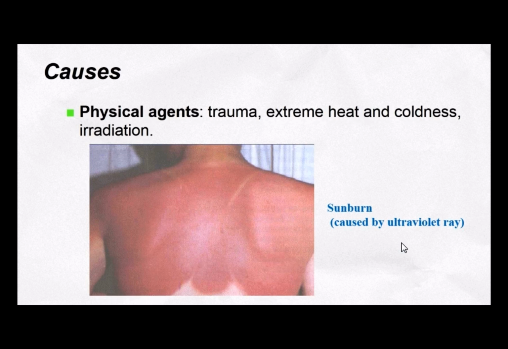Physical agents include trauma, extreme heat and coldness, irradiation, etc. For example, after enjoying sunbath, the person has sunburn on the back. This inflammation is caused by ultraviolet ray, a physical agent.